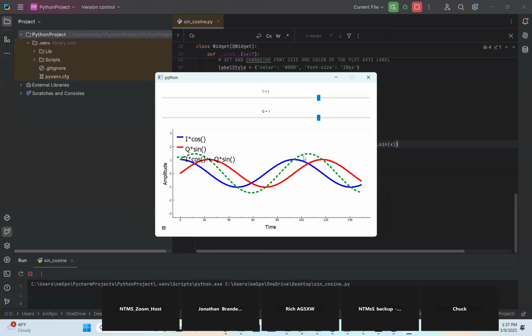I'll put this Python code up on the NTMS website so that if you have a Python editor and you want to play with it, you can download it and put it in your editor.